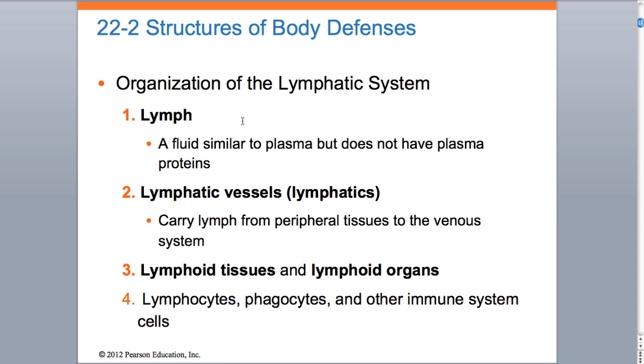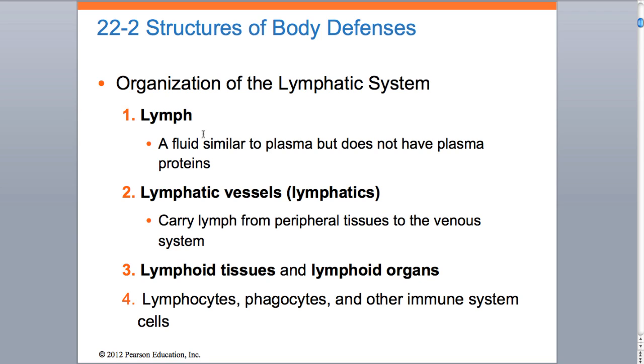Here we have the other organization, lymph. Now, lymph is very, very similar to plasma, but it does not have plasma proteins. Now, remember the story we said about the VV end and edema.